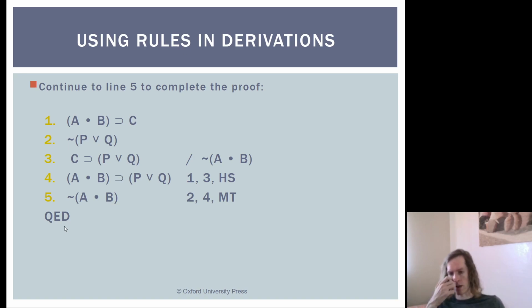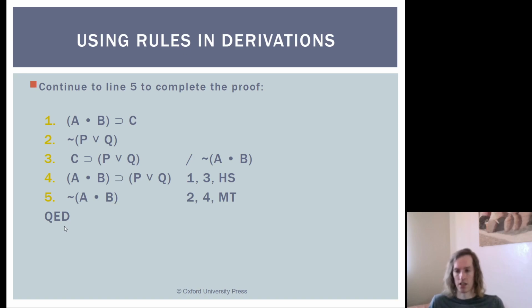And so it should show this in the book. QED stands for quod erat demonstrandum. It's something that you write just at the end of a proof to clearly indicate that you're done. It means that this has been shown or this has been proven. So when you're finished with a proof, when you've shown the conclusion, go ahead and write QED.